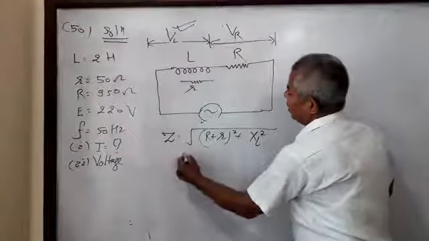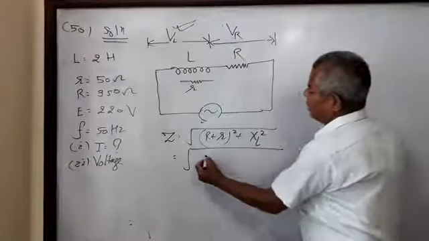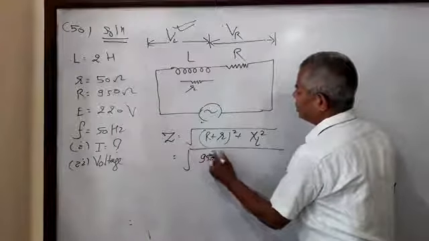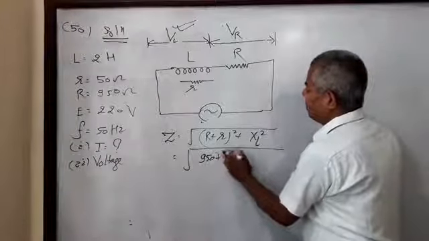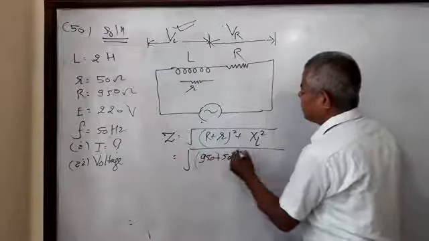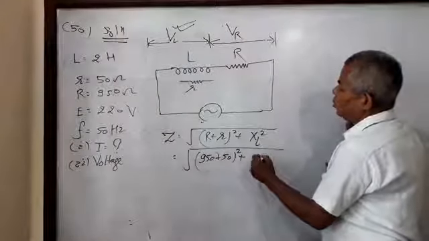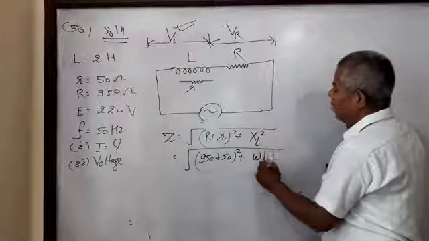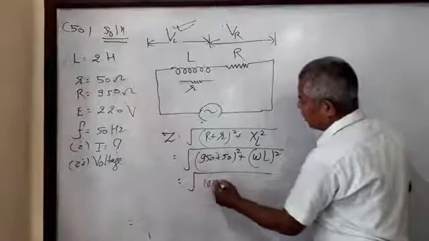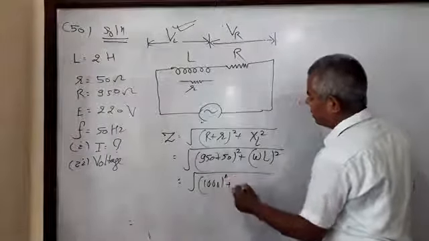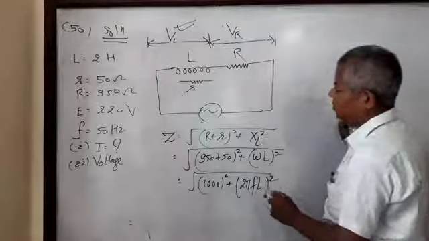Capital R has value 950 ohm and small r has value 50. Then R plus r means 950 plus 50, whole square, plus XL whole square, where XL is omega L. This is 1000 whole square plus (2 pi F L) whole square.